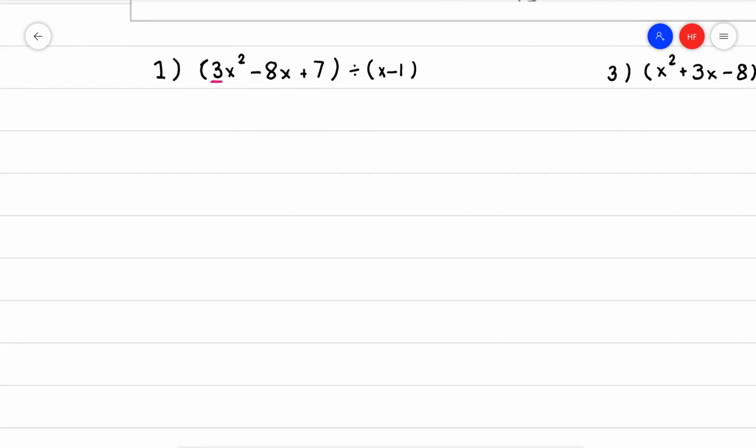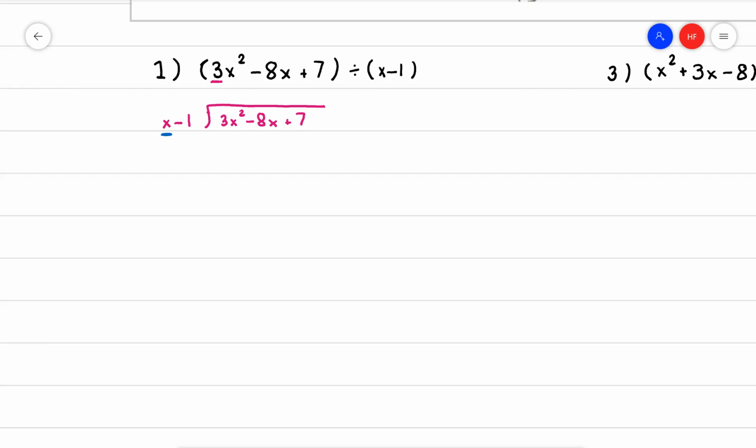So when we use long division, we're going to put x minus 1 and 3x squared minus 8x plus 7. Remember, when we're doing long division, we're going to focus on the x.